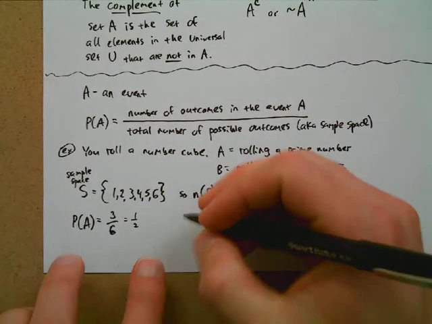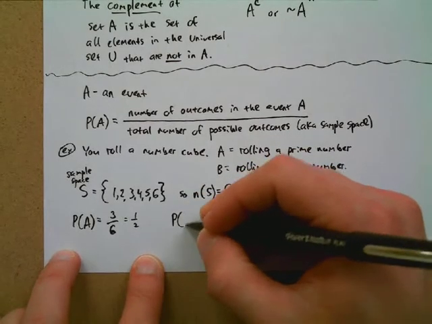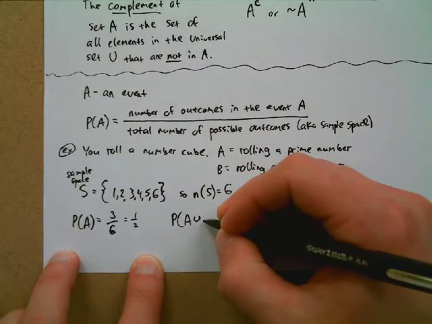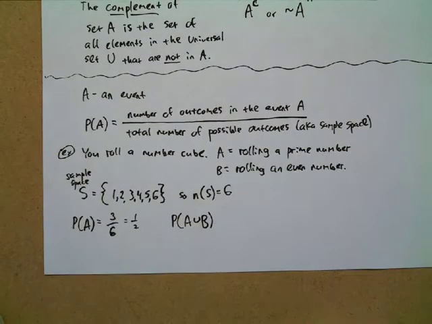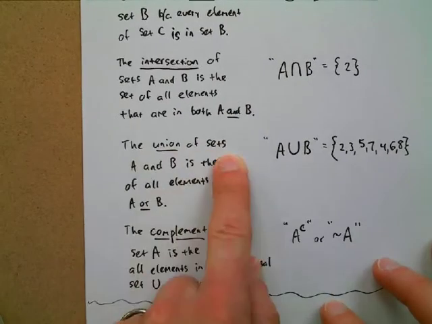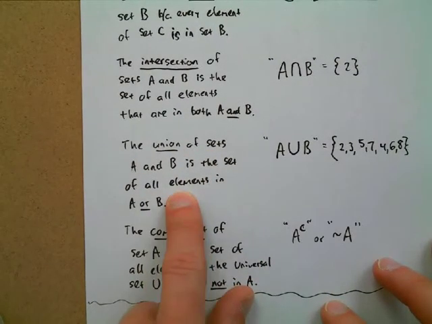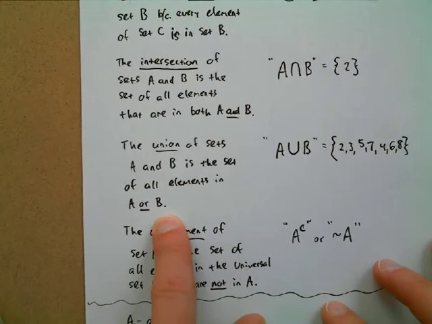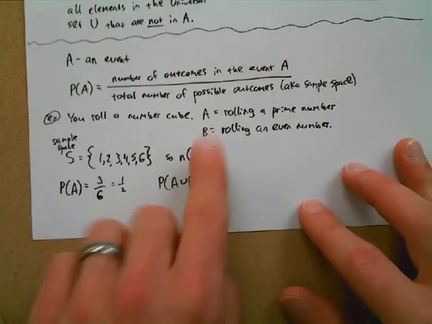What about the probability of A union B? Okay, remember union, right, we go back up here. Union of sets A and B is the set of all elements in A or B. So A is rolling a prime number.